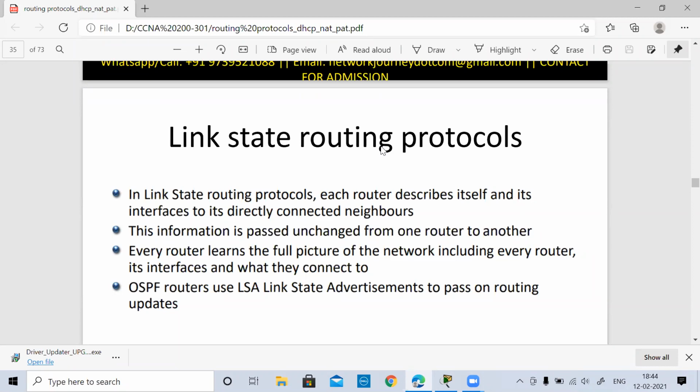What they send as an update is the networks on the interfaces where those networks have been configured. Then the information is passed unchanged from one router to another. Every router learns the full picture of the network, including every router, its interfaces and what they connect to. This information is provided with the help of link state advertisements, which we often call LSAs. With the help of LSAs, the updates are exchanged.